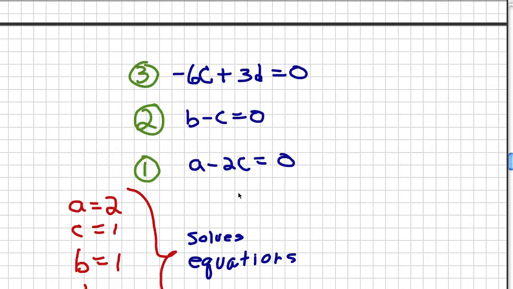However, I do have a method which I'll talk about in a subsequent video of how I can now look at these and tell you exactly what A, B, C, and D happen to be. And I do that by looking at the least common multiple of coefficients in the equations.